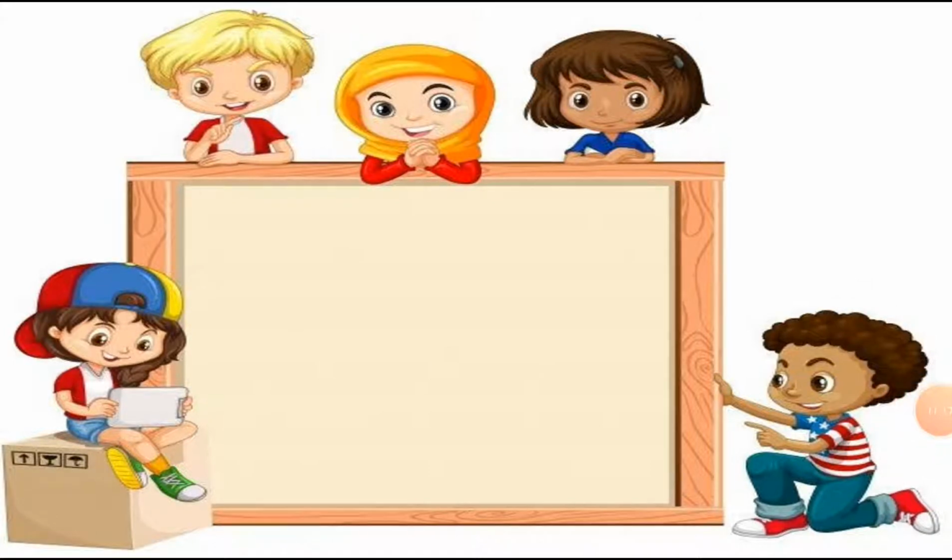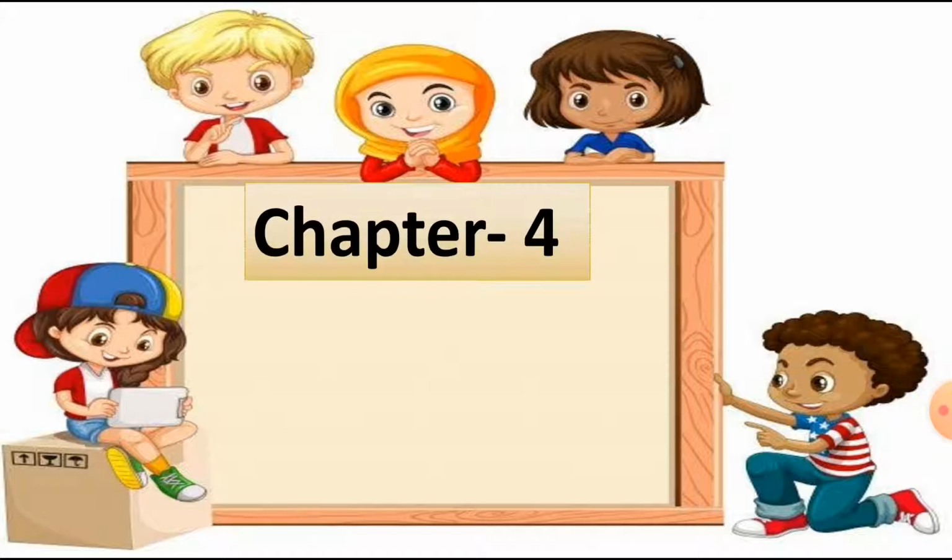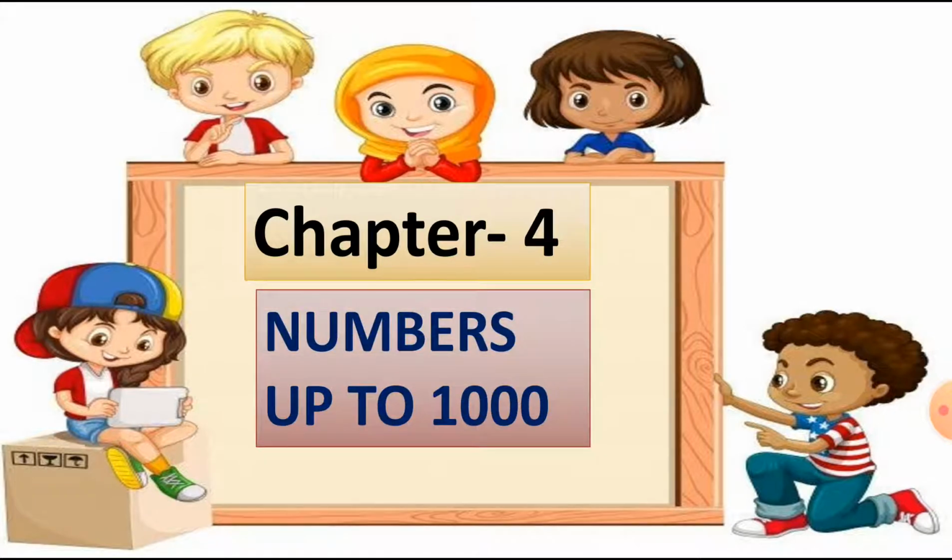Students, let's start chapter number 4 you are waiting for. So, here is chapter number 4, students. And what is the name of the chapter? I sent you the PDF, so hope you know the chapter name. Here is the chapter name, which is chapter 4, numbers up to 1000. Now, we are going to learn something more about the numbers up to 1000.